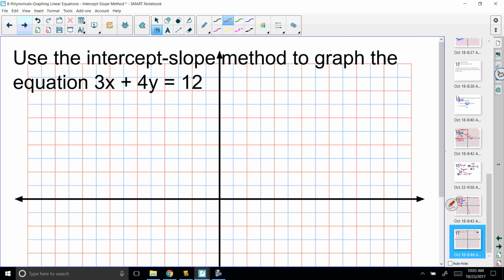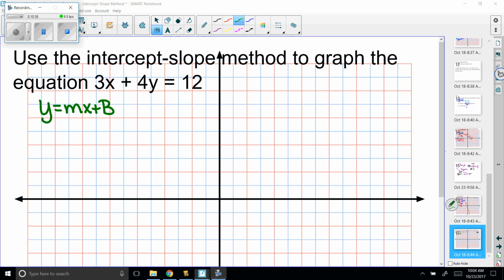You got the back side of that one. If I ask you to use the intercept slope method to graph the equation, the first thing you are going to have to do is get it into that y = mx + b format. To get it into the y = mx + b format, I need to solve for y.